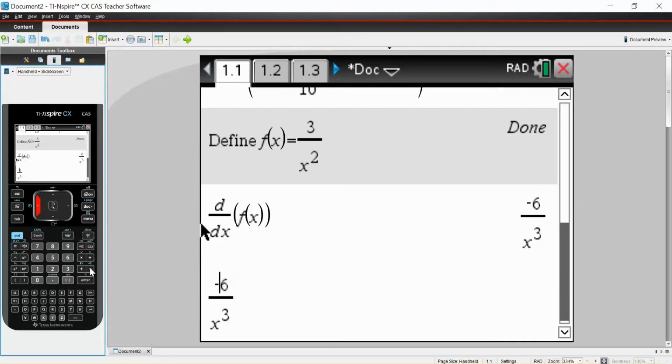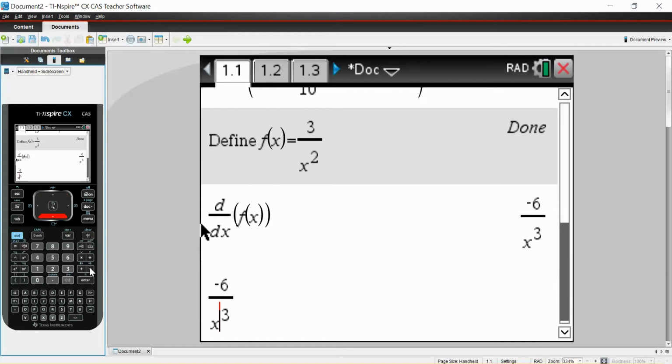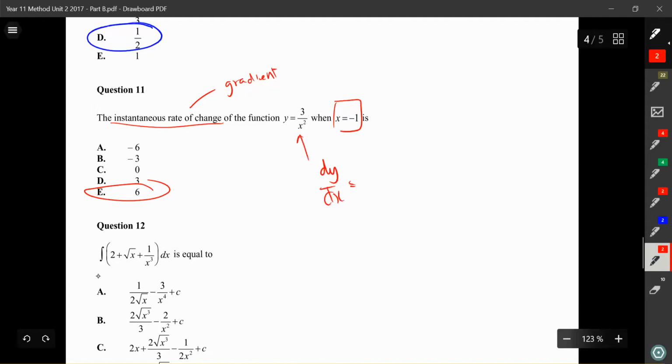I just highlighted the previous question, press enter, and changed the x to -1. Notice I put brackets in, otherwise it doesn't read it as -1 cubed. Press enter, there you go, answer 6. Okay, done. So you're essentially just finding the derivative, dy dx, to find the gradient, and the answer to that was -6 on x cubed.